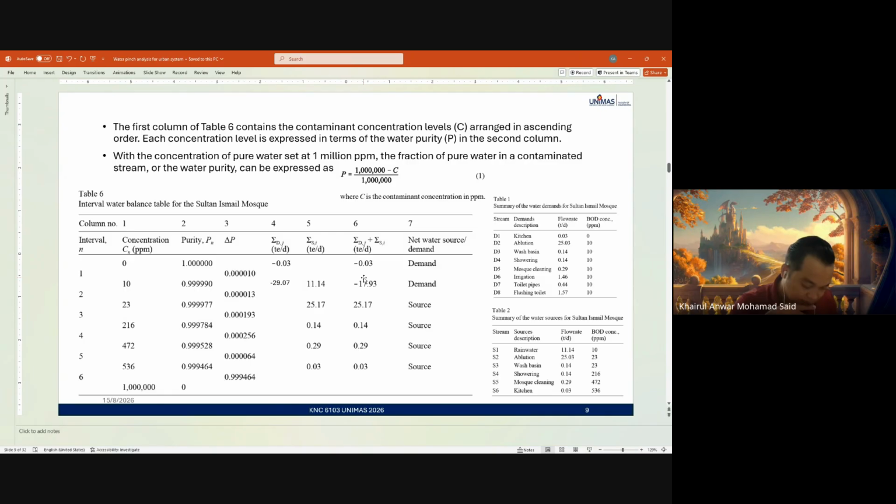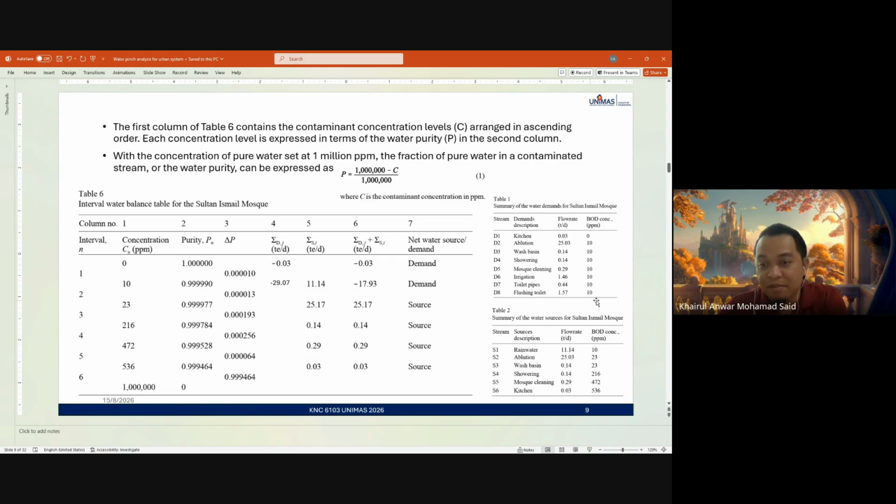Yes, that's why it's set here, BOD concentration is 10 ppm. Otherwise, for the water source after water being used, this is according to the actual data, in which they do the BOD test to obtain this value.